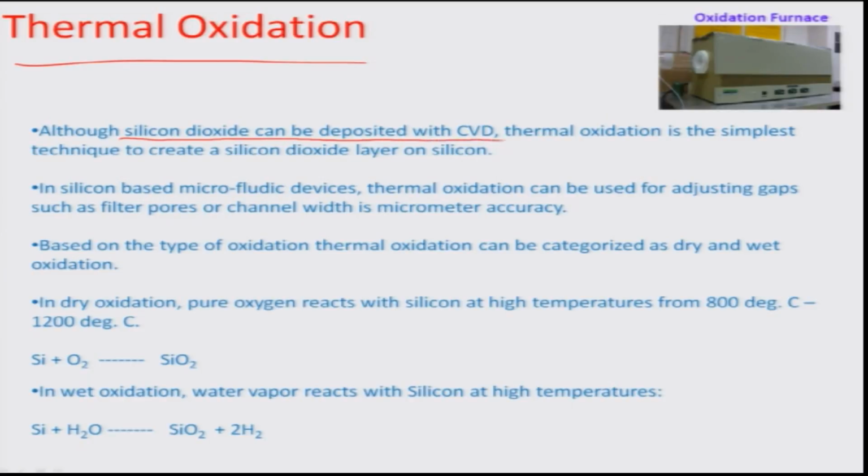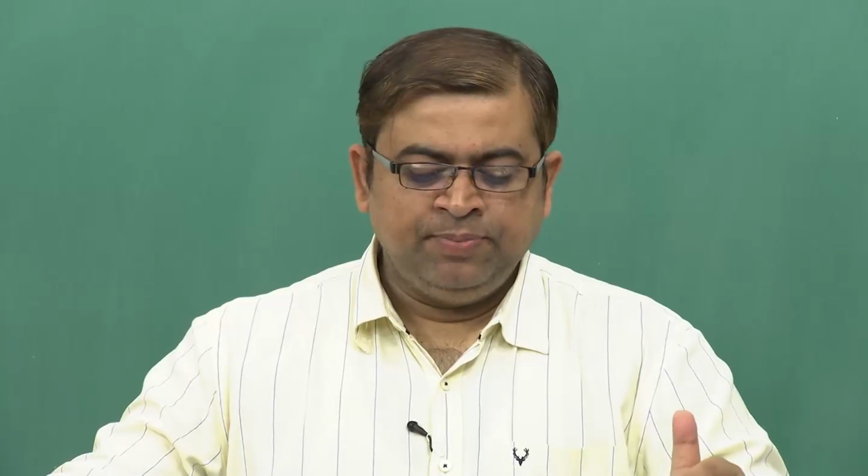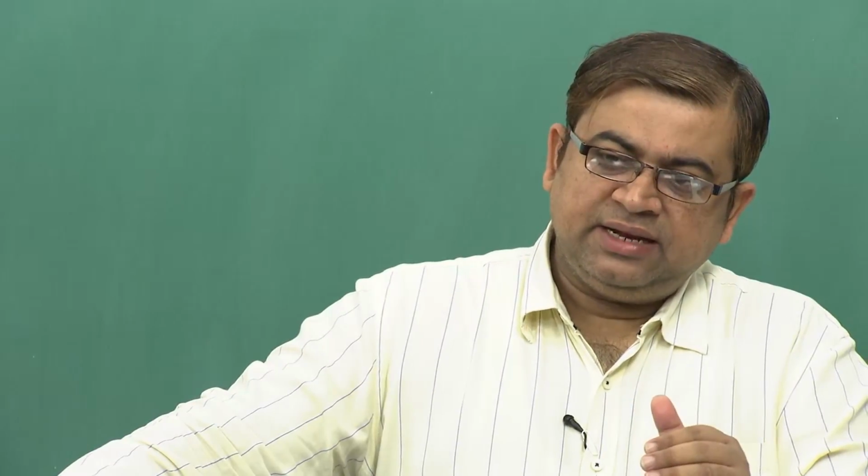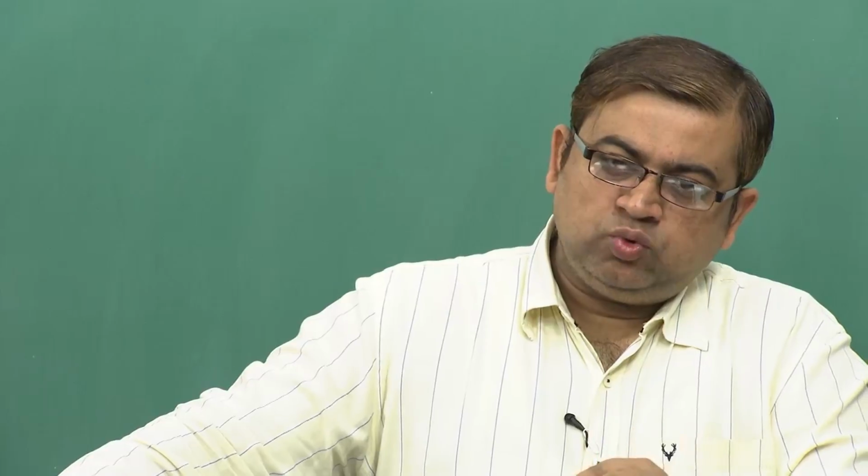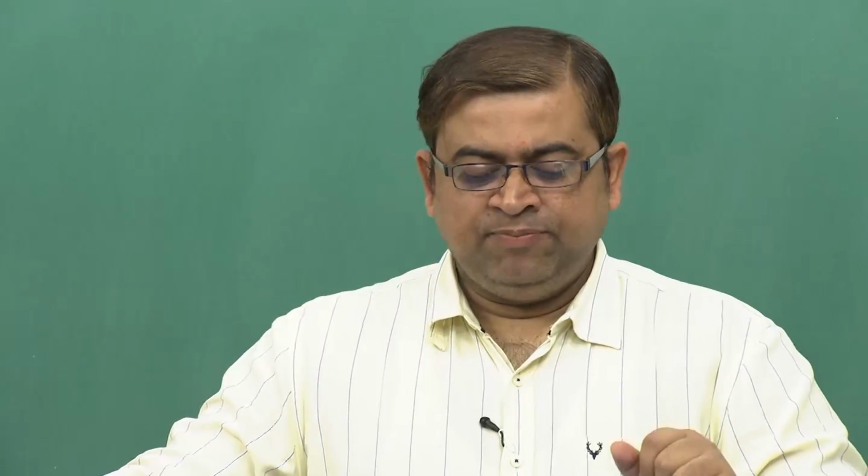So although silicon dioxide can also be deposited by, let us say, CVD, by initiating a chemical reaction, when we are talking about thermal oxidation, it is trying to create silicon dioxide at the behest of the silicon layer. It is not really an addition that we are making to the silicon layer, but we are trying to intersperse oxygen into the silicon. So that is the difference between a thermal oxidation and a CVD grown process.